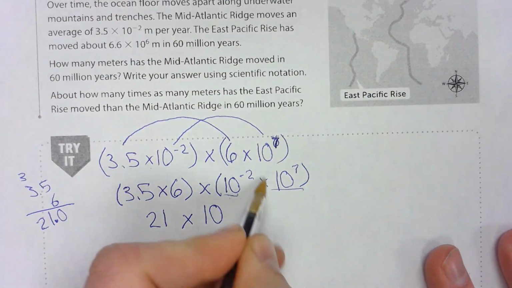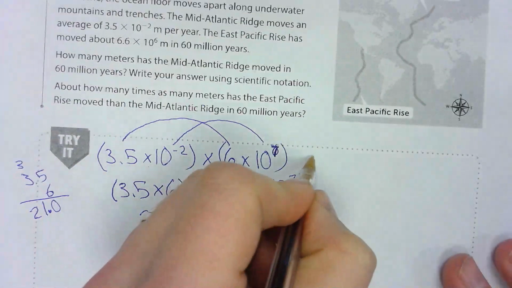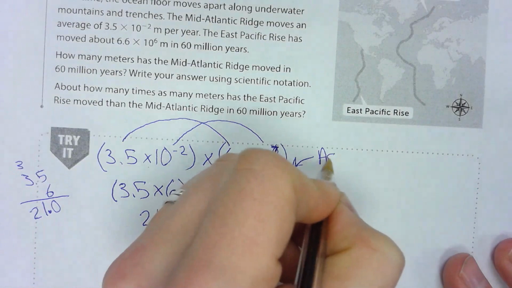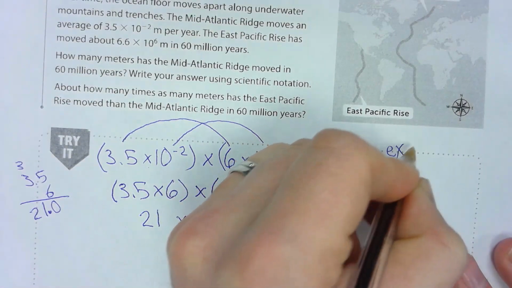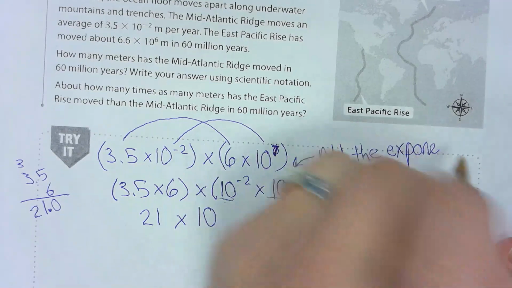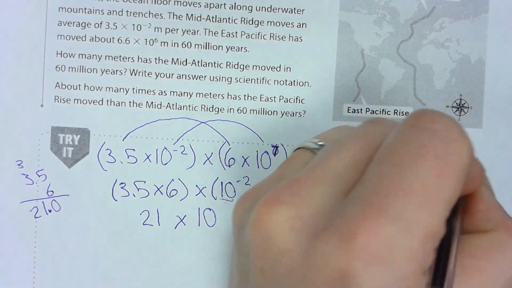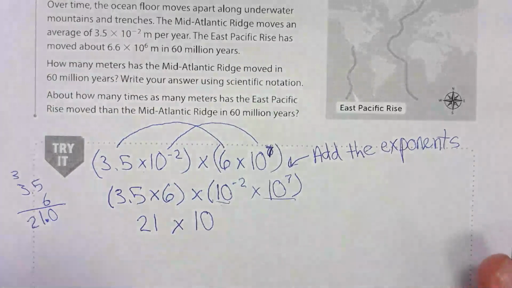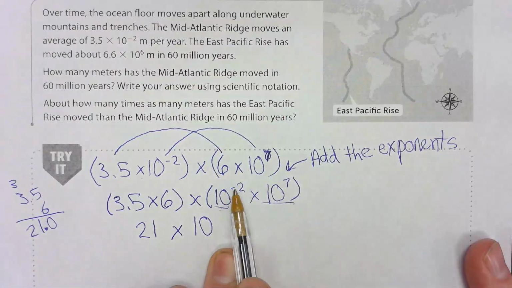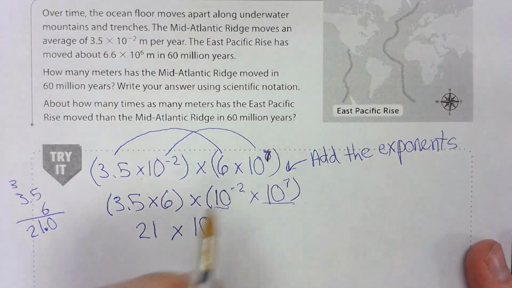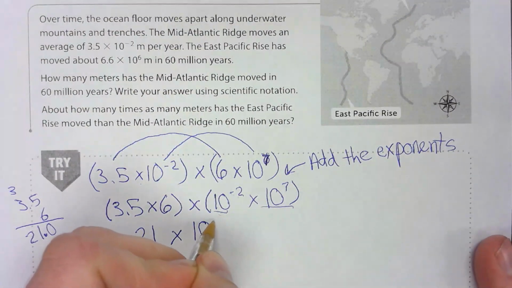We're multiplying them together, so you need to add the exponents. Okay, so negative 2 plus 7, that's the same as 7 minus 2, which is 5.